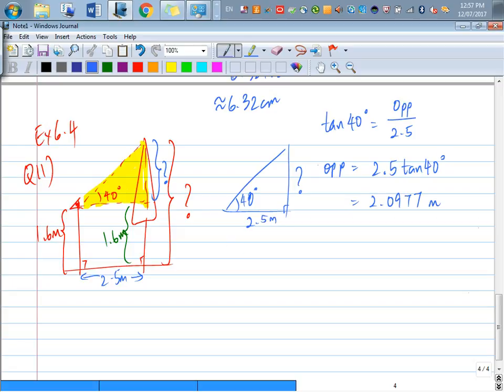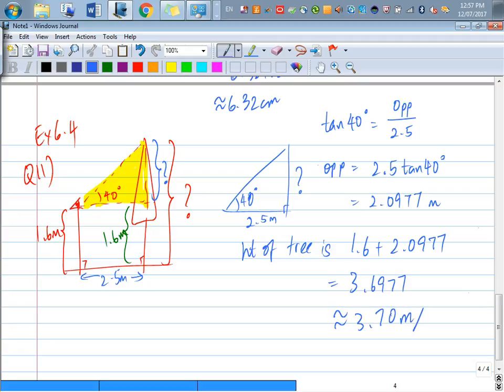So height of the tree is 1.6 plus 2.0977 equals to 3.6977, round it off, 3.70 meters. Right? Any questions on this? Winnie, do you get this correct? Okay, good.